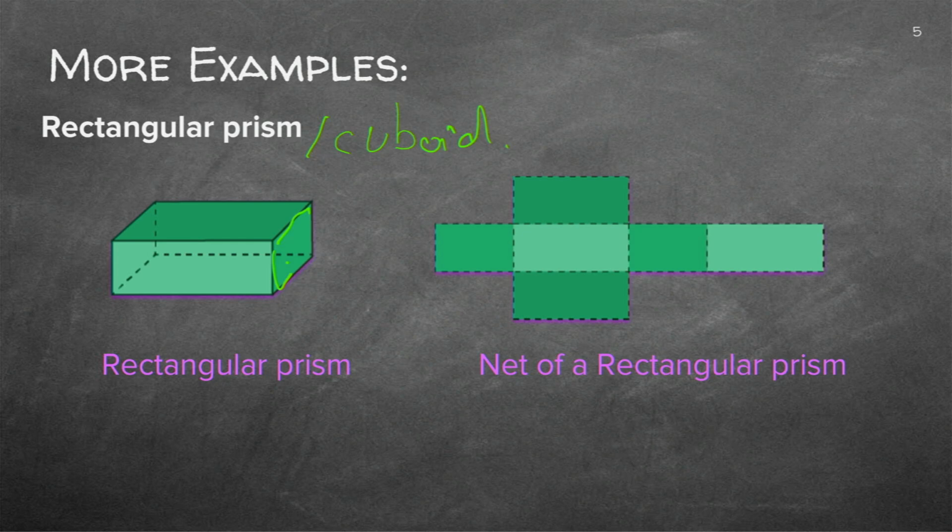And the sections in between will then either be a parallelogram or a rectangle. So here we've got a rectangular prism. And this is an example of the net of a rectangular prism.